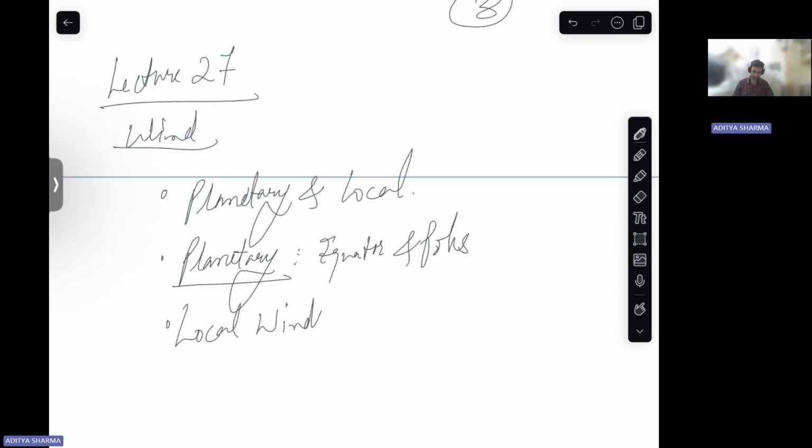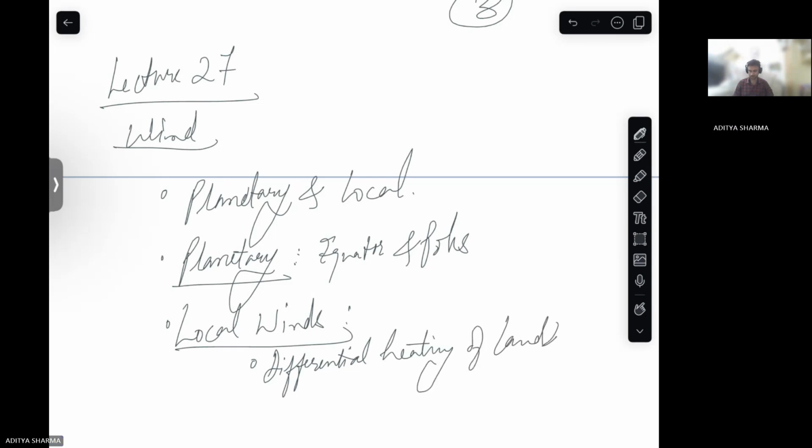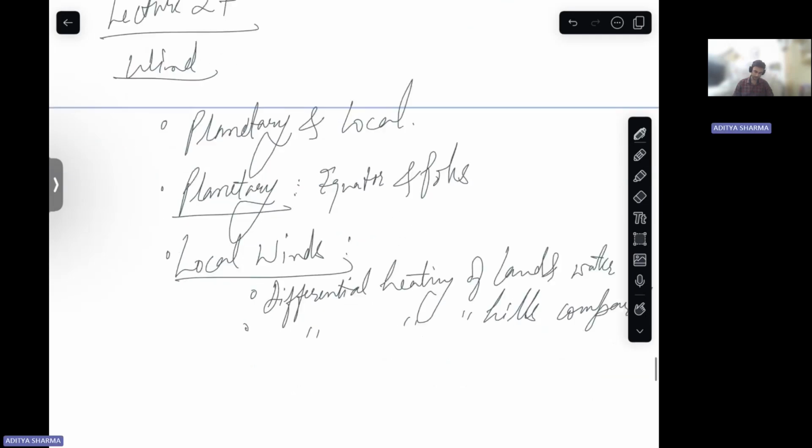Local winds are because of differential heating of land and water, and differential heating of hills compared to plains.